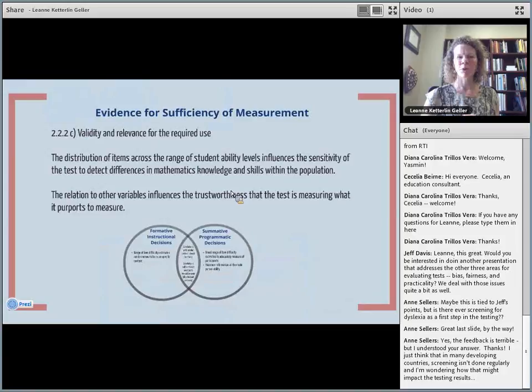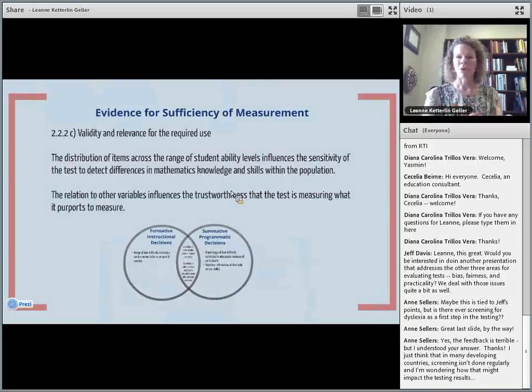If we identify a student in the EGMA, for example, as having lower ability in mathematics, but really they did not have adequate access to the test because of personal characteristics not related to their mathematics ability, then we're making an inappropriate decision based on some other characteristic, such as dyslexia, if there's an interfering mechanism that prevents us from getting accurate measurement of their mathematics knowledge and skills.